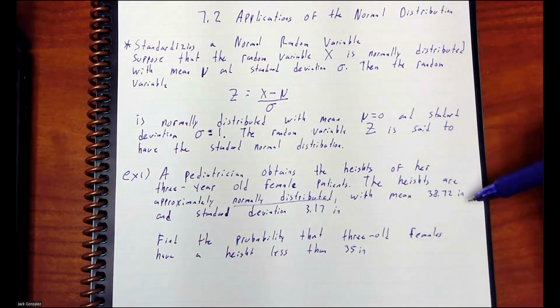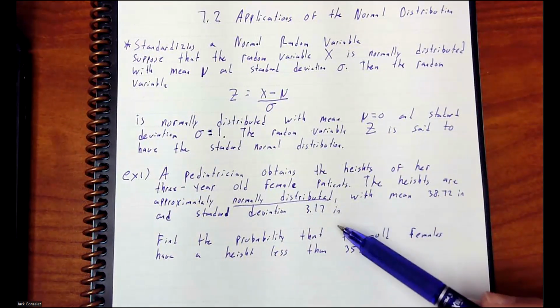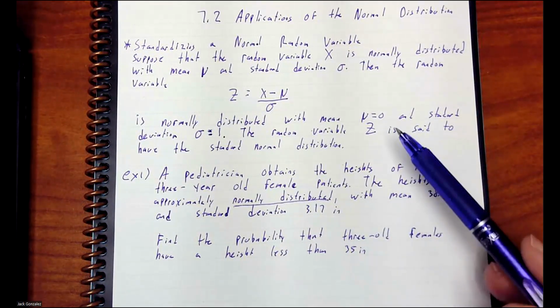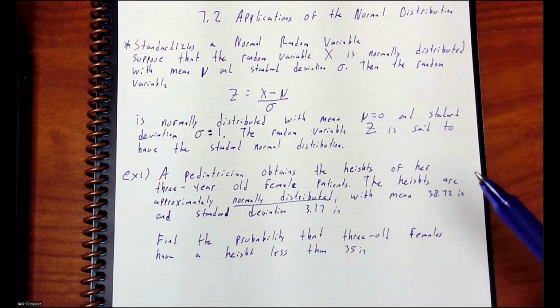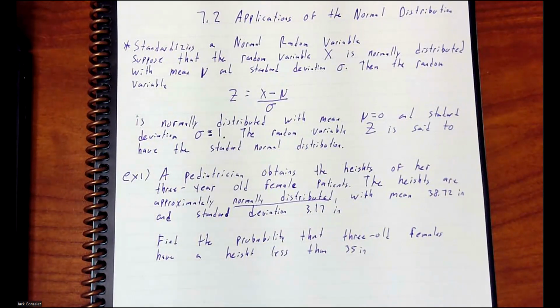They give us the mean: the average height is 38.72 with a standard deviation of 3.17. Find the probability that the 3-year-old females have a height less than 35 inches. So basically, if a random patient comes in, what are the chances that that person will be below 35?